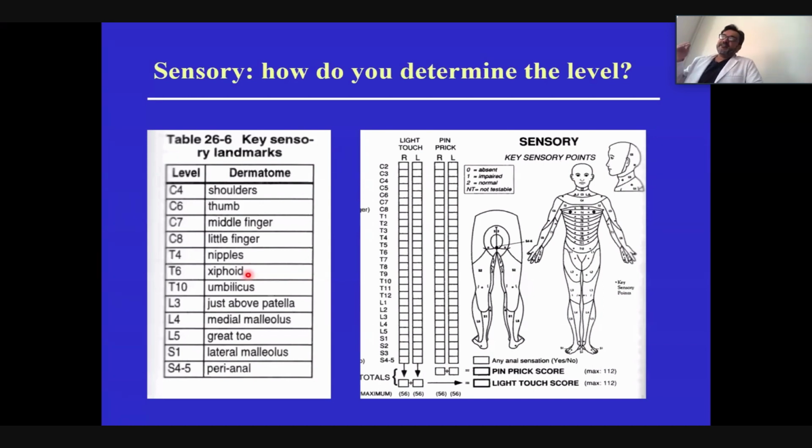But you can test temperature, you can test vibration, and fine touch as well as crude touch by using cotton wisp and pinprick, as well as tuning fork for vibration. So those types of things can be tested at different landmarks, and you can see these different landmarks represent different dermatomes.